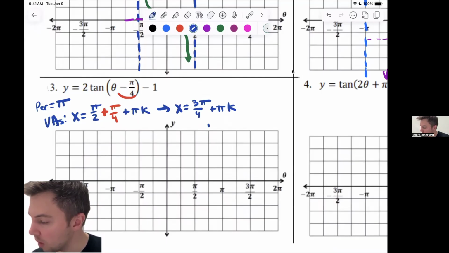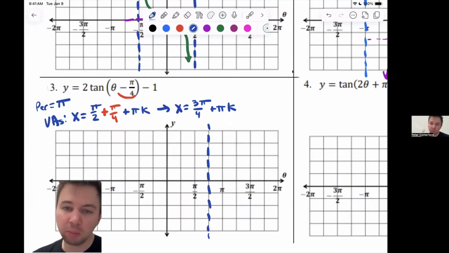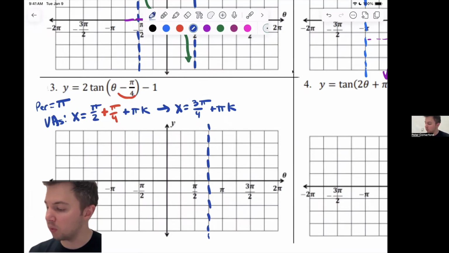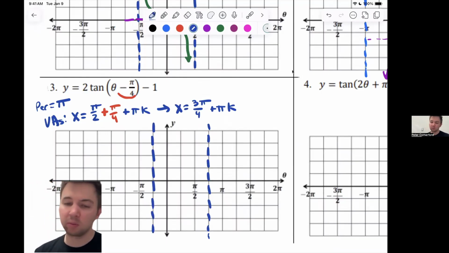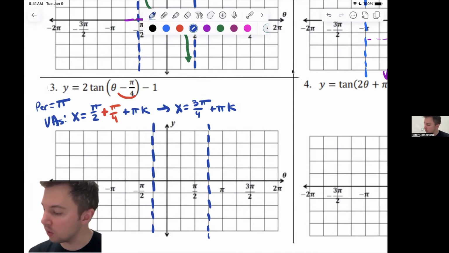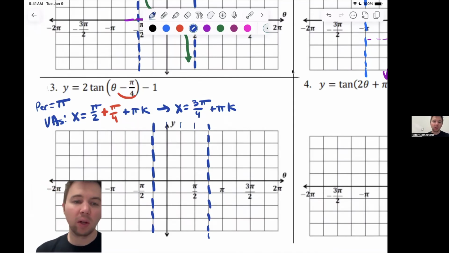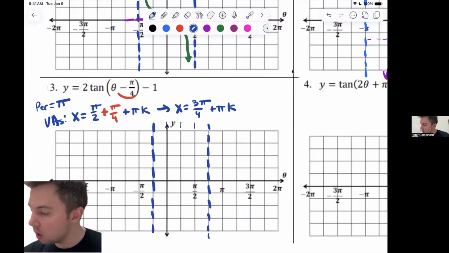Each of these tick marks is pi over 4, so that puts me there. And then my period is pi, so I'll go backwards by pi, which puts me at negative pi over 4. There's my other asymptote. I can see this divided nicely into quarters here, right? So shift down 1.